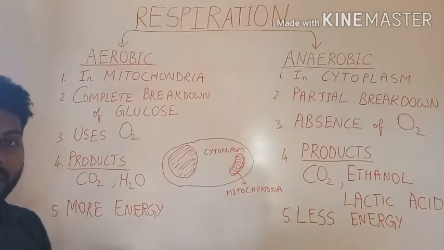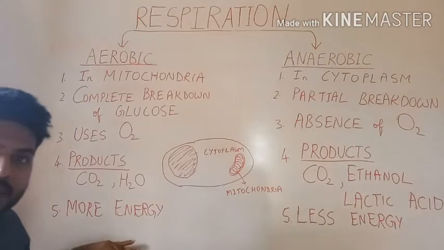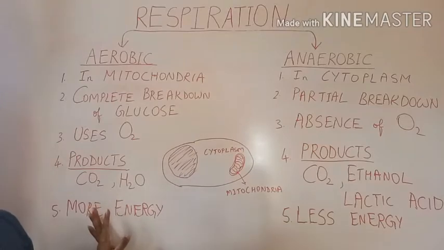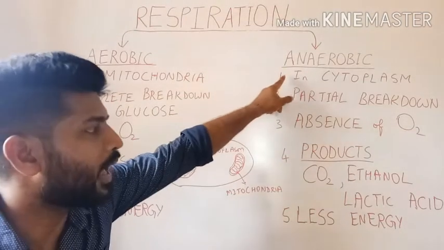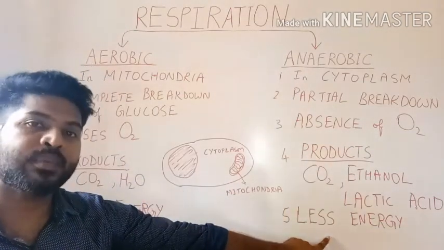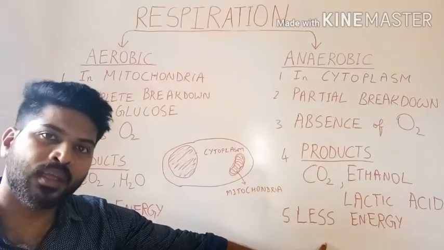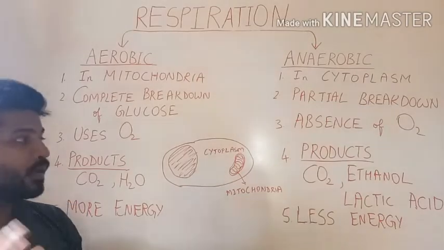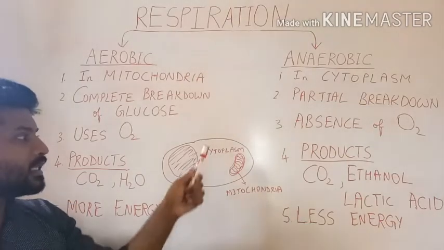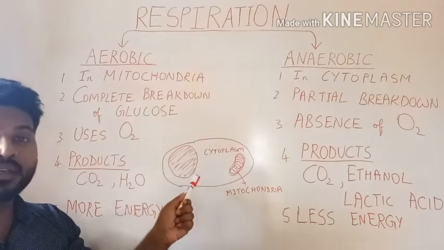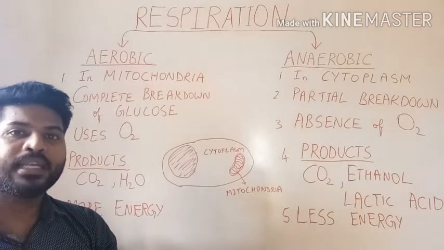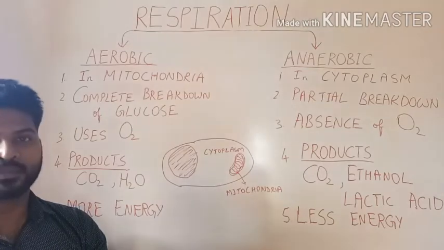And most importantly, the amount of energy produced in aerobic respiration is very high as compared to anaerobic respiration, where the energy produced is very low. Why? Because glucose is not completely broken down. Simple. Point to remember, this is taking place inside the cell. Therefore, sometimes it is also known as cellular respiration.